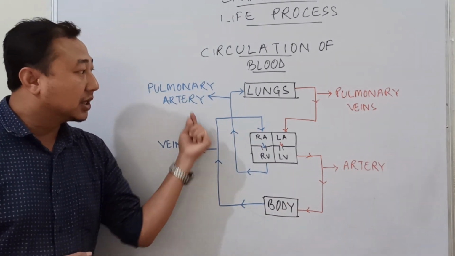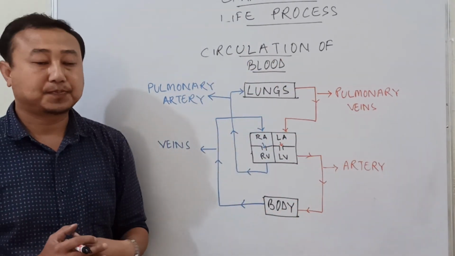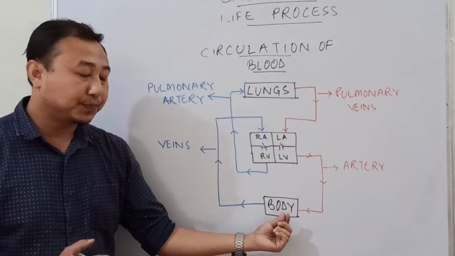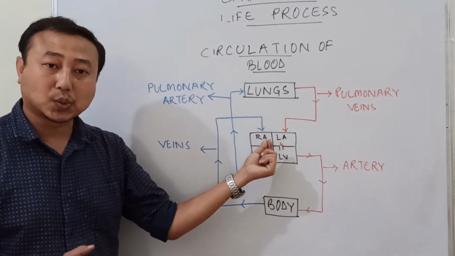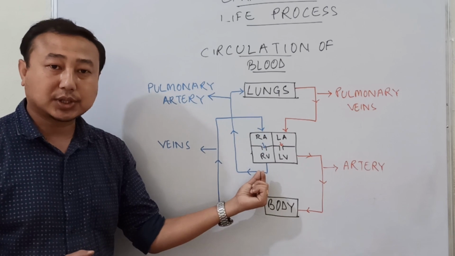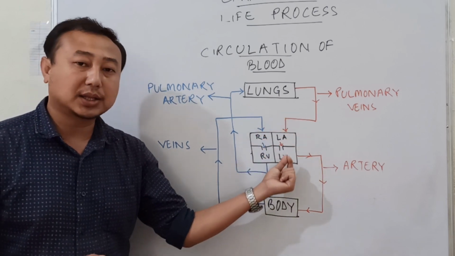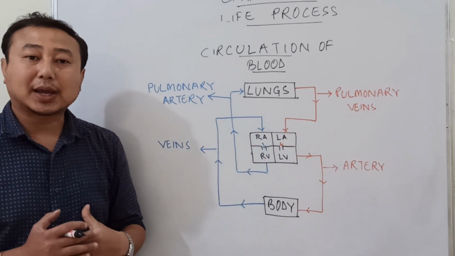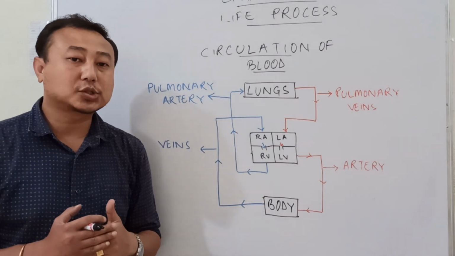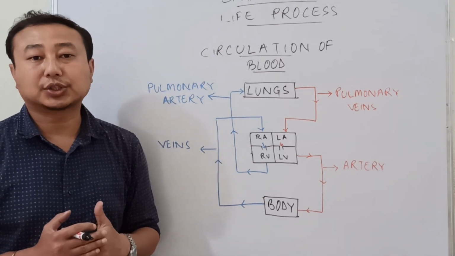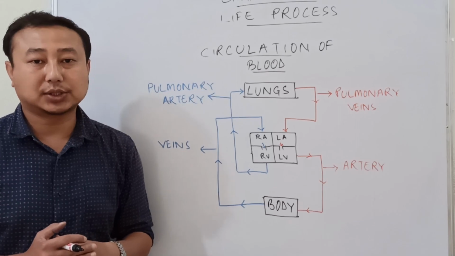So here, this is one complete circulation. In one complete circulation, the blood is entering the heart twice, once in the right chamber of the heart and another one in the left chamber of the heart. So as the blood enters the heart twice, such type of circulation is known as double circulation.